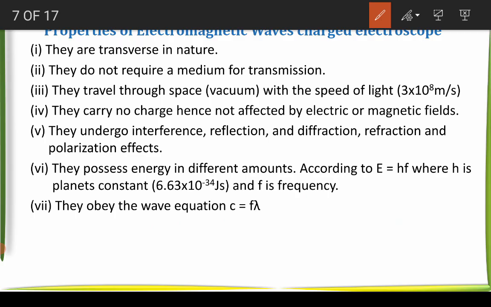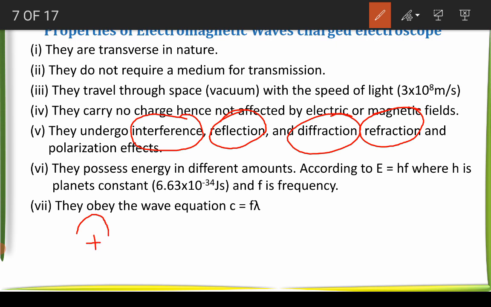Other than that, they can undergo interference. They can be reflected, refracted, or diffracted. Okay, so they undergo interference. Let's say that you have one of them traveling like that and another one traveling like this.